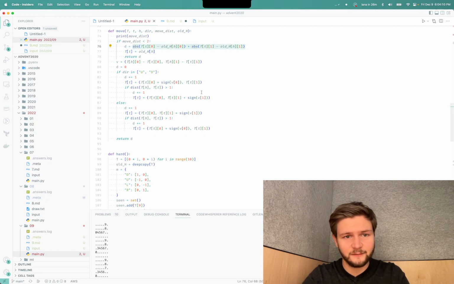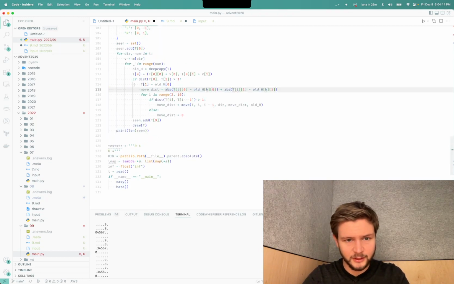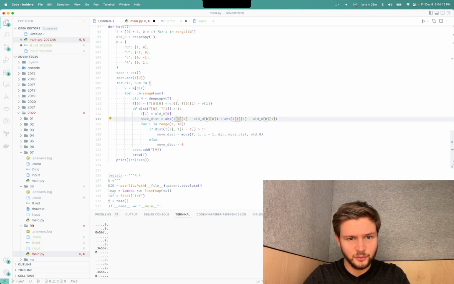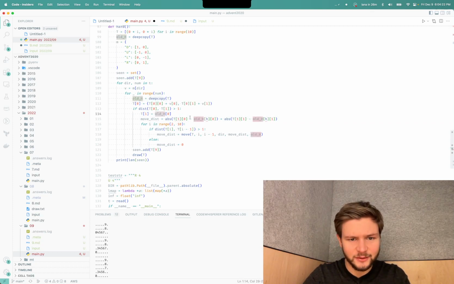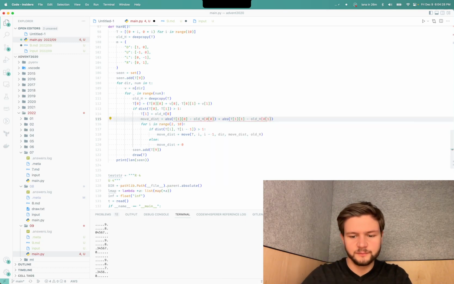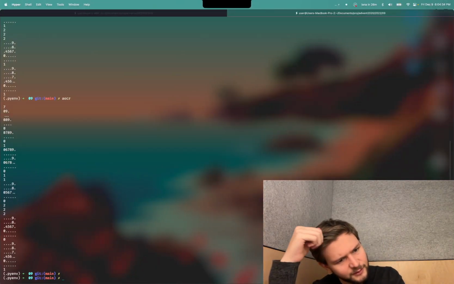Let us fix this and put in the distance between T1 and old head. 0. I don't think this is gonna fix much, to be honest.